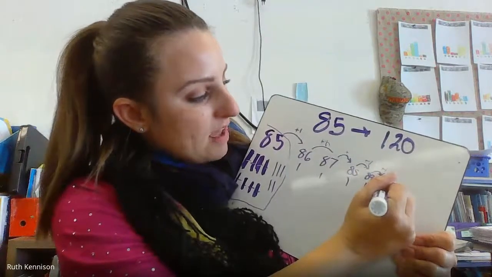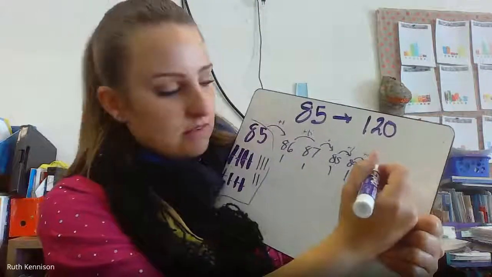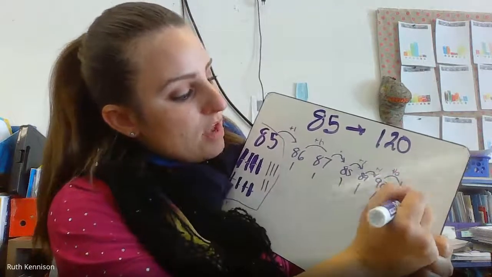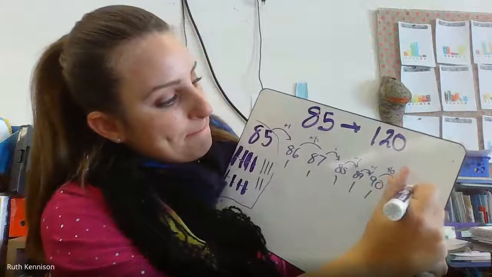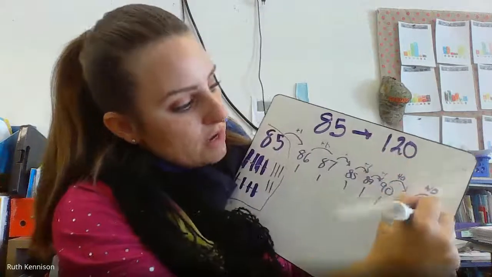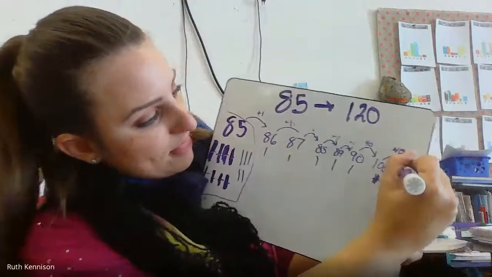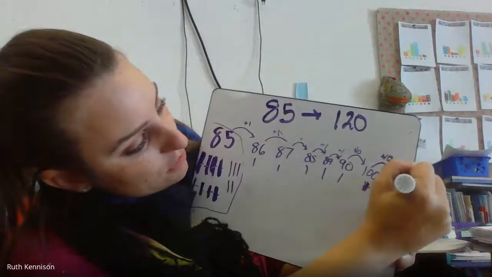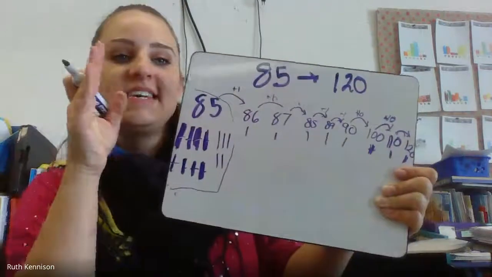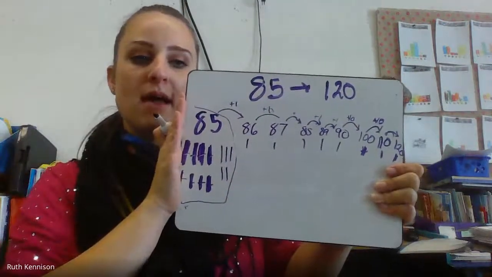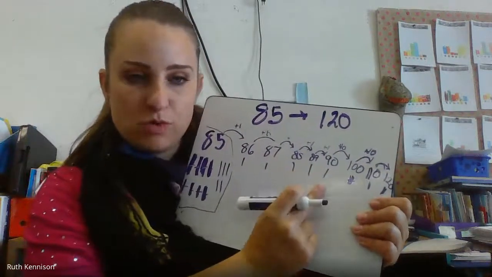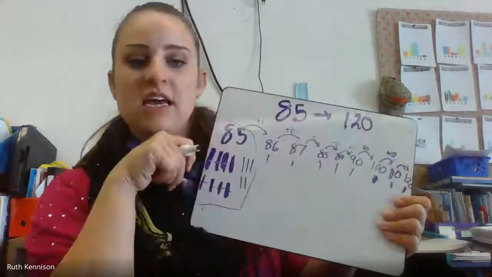And then, as Troy said, we can count by tens. 90, 10 more is 100. 10 more, 110. And then 10 more, and I'm running out of room again. I start too big to start with, and then I run out. 120. All right. So we can count by ones first to get us to a group of 10, and then we can keep counting by tens to get us to our final number.